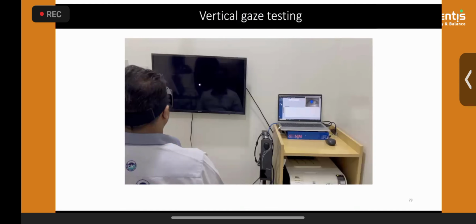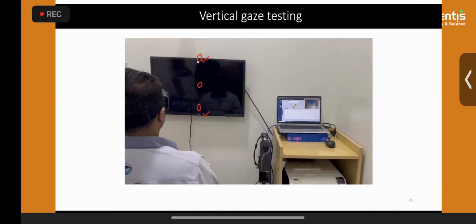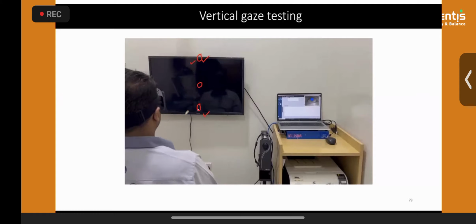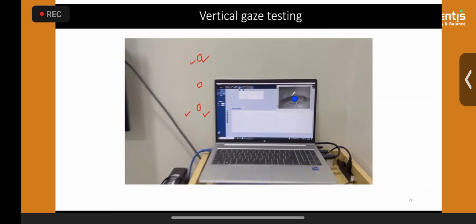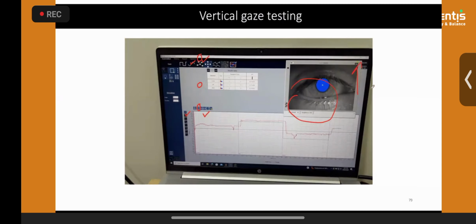Okay. So in vertical gaze testing, the same object of regard we have to ask the patient to follow. It will move up. It will move down. It will stay there for the up gaze. It will stay there for the down gaze. It moved up. Now it will go down. And if you look at the eyes, they move up, then they go down.